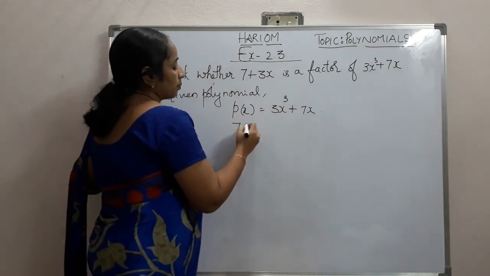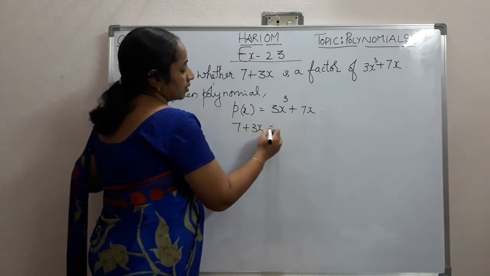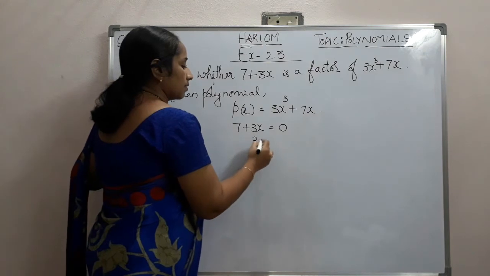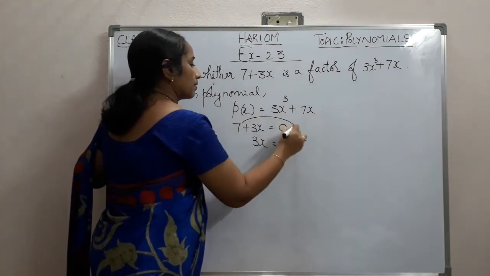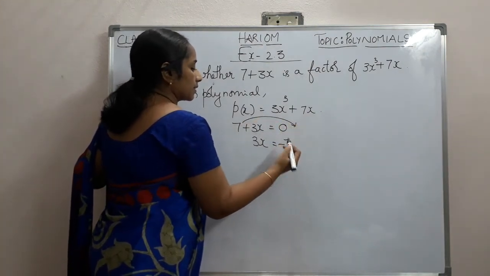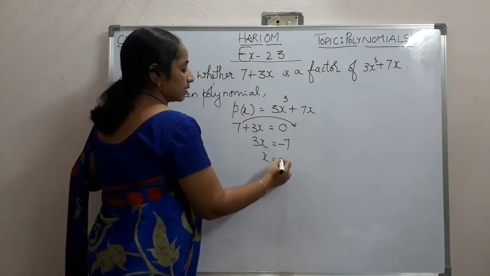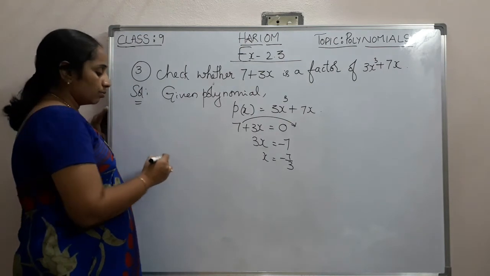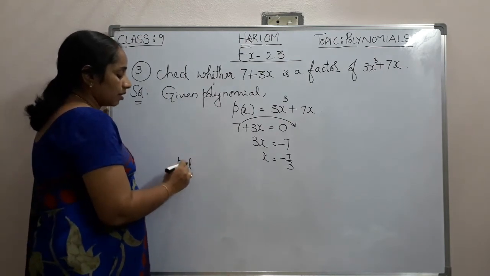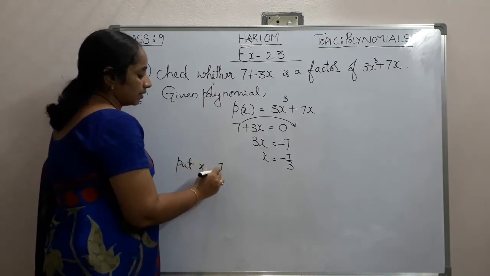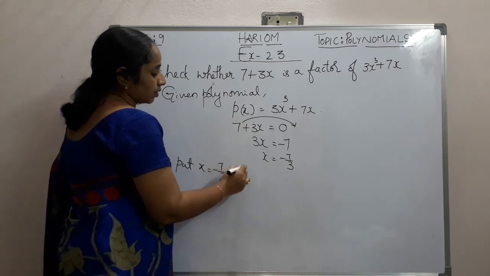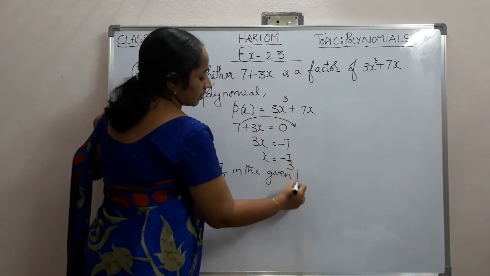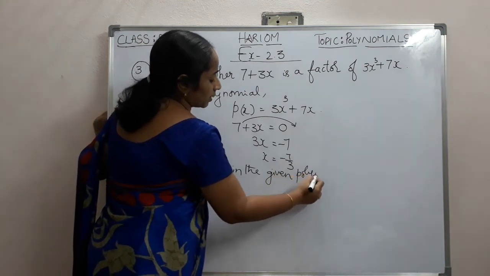Therefore 7 plus 3x is equal to 0. Now 3x is equal to, this plus 7 becomes minus 7 on this side. X is equal to minus 7 by 3. Now put x is equal to minus 7 by 3 in the given polynomial.